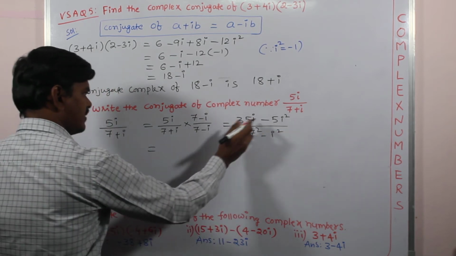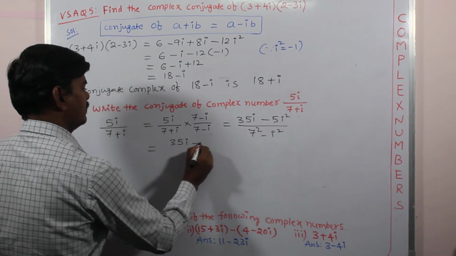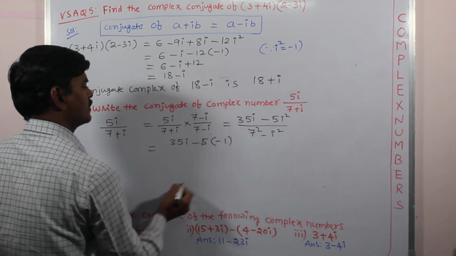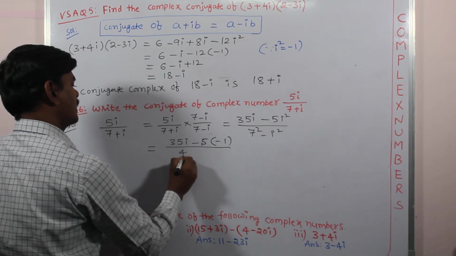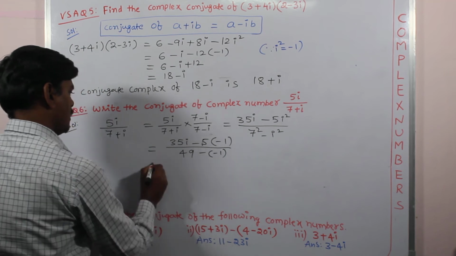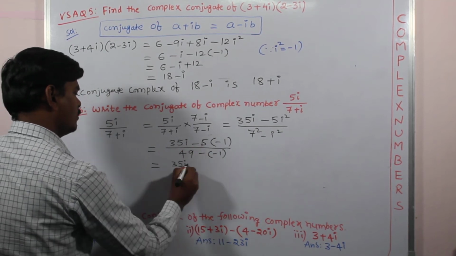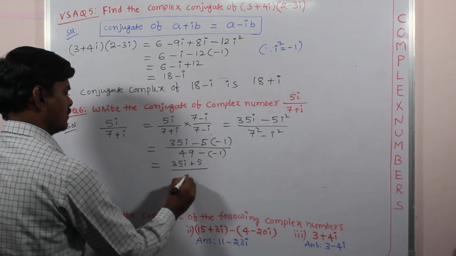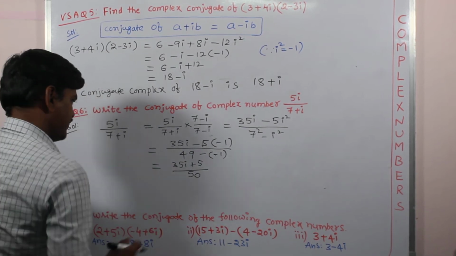Now 35 iota we can write same, minus 5 into iota square, whose value is minus 1, whole divided by 7 square, 49, minus iota square, value minus 1. Now 35 iota minus 5 into minus 1, plus 5, whole divided by 49 plus 1, this is 50.